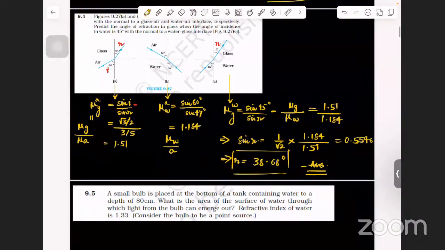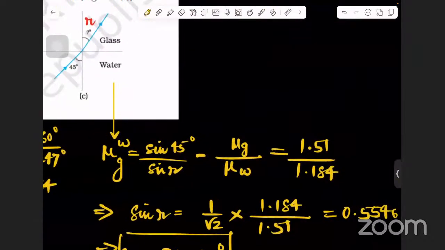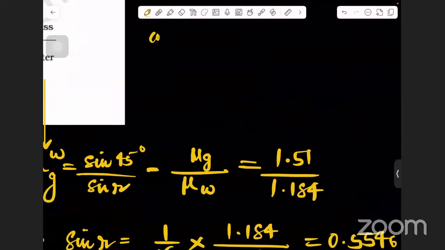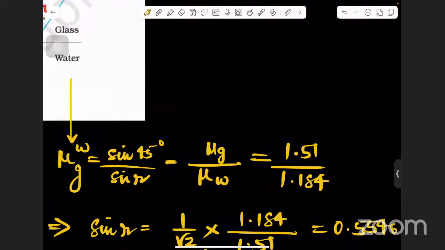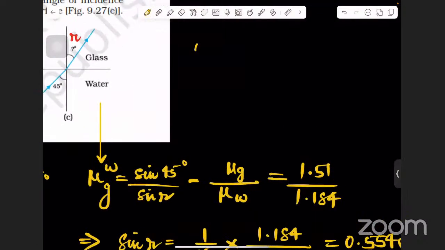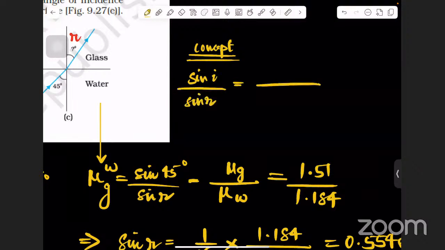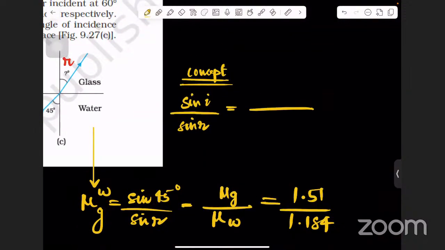The concept here, which you should keep in mind, for not getting confused again in such types of questions, is that whenever you write sine I upon sine R, you have different media over here.